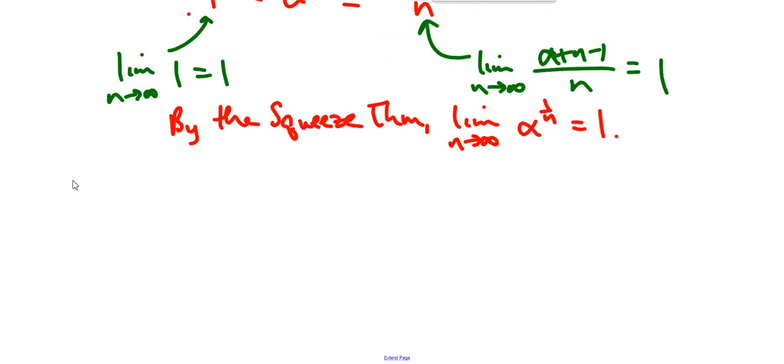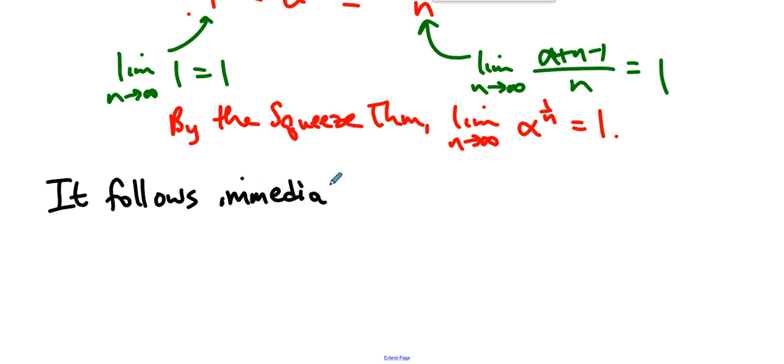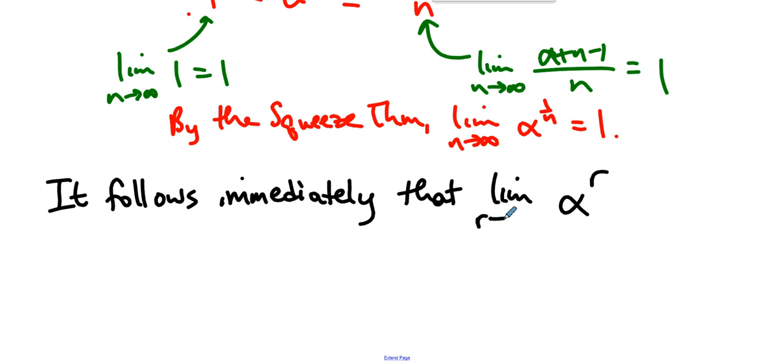Now, here's why that's a big deal. It follows immediately that the limit of alpha to the r as r goes to 0, if r is rational, is 1.